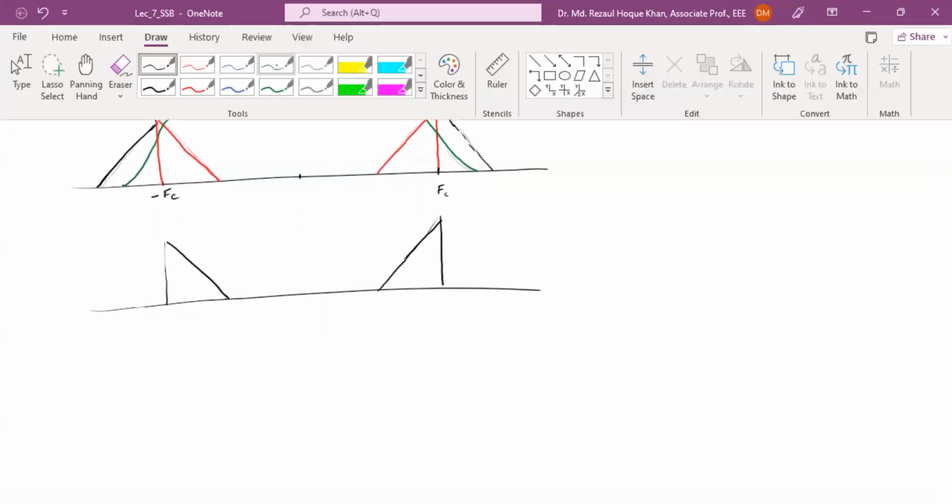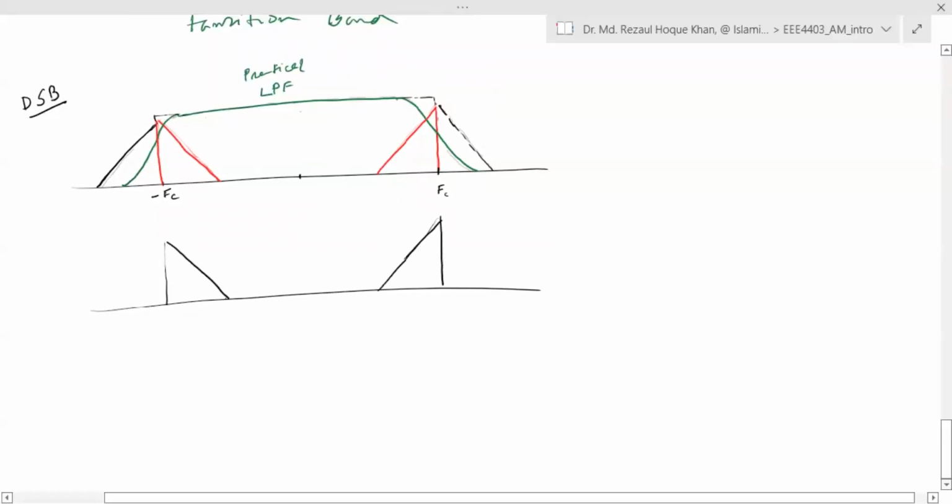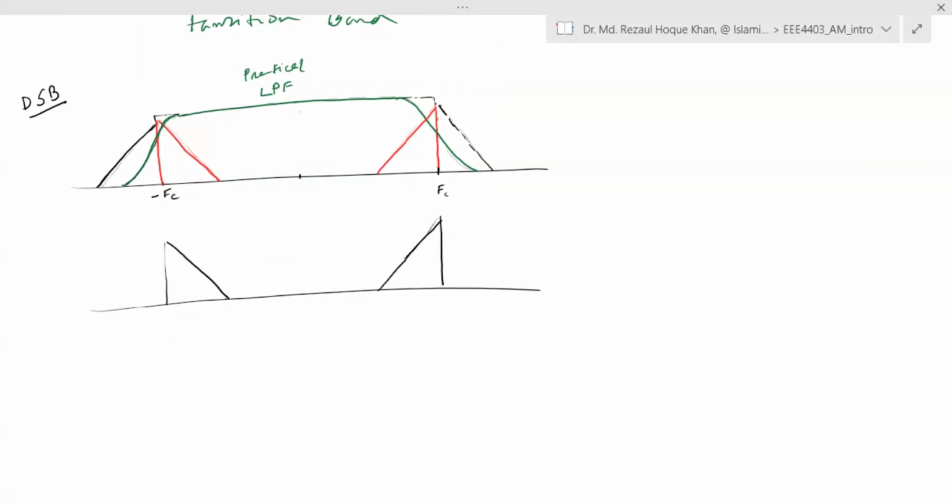Because of this portion, we will have this signal.